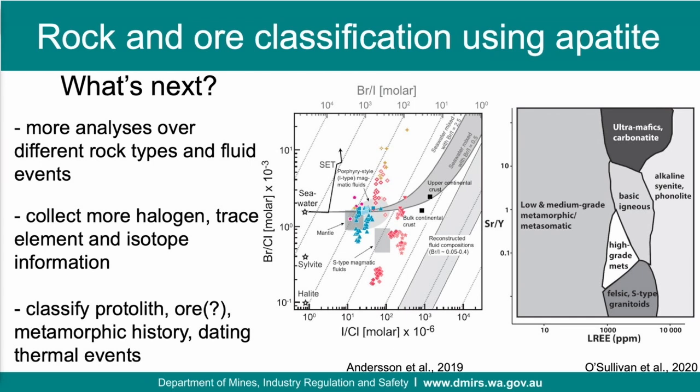And use previous researchers' discrimination diagrams, for example, using halogen ratios to identify whether or not you might be near a mineralized zone, what type of mineralization it is, as well as gain terrain information using other discriminants, normal trace elements, identifying what kind of metamorphic history the rock has gone through. Important for this area as it's not well understood and not very well studied. And that's the future plan.